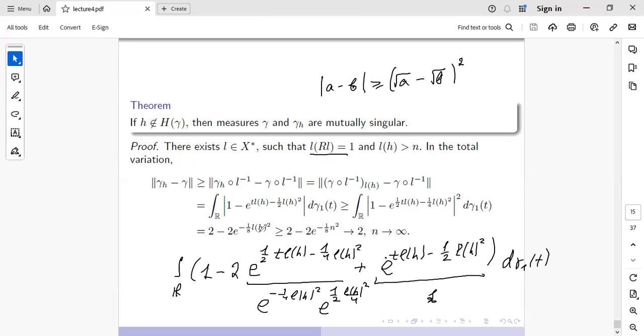Okay, and since L(h) can be taken as large as possible, we will get in the limit 2. So in fact, the total variation distance between the shifted measure and the non-shifted measure is equal to 2. But these are probability measures, so they must be singular.